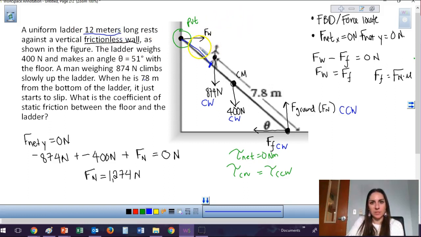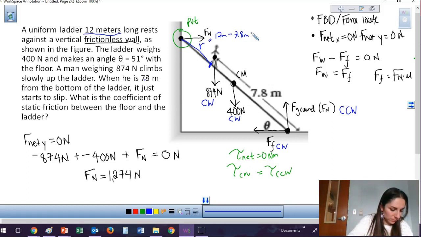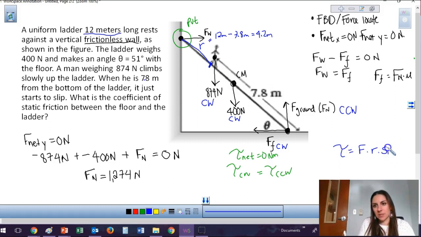So I can get this little piece right here, which I'll just call R. It's going to be the total length minus that little piece there. So minus 7.8, this is 4.2. So my first torque comes from this one. Now as a reminder, torque is force times R times sine of the angle.